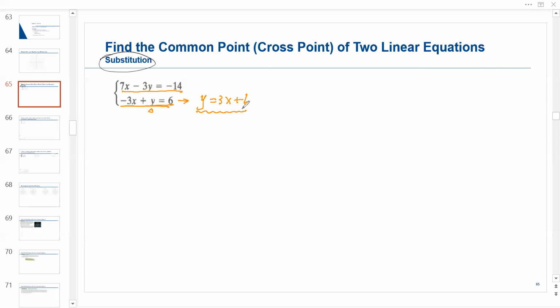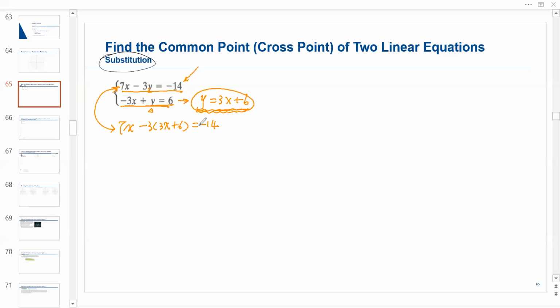So y equals one variable expressed by the other variable, y equals this part. In the second line, the y can be replaced, substituted by this one. So 3x plus 6 equals -14.